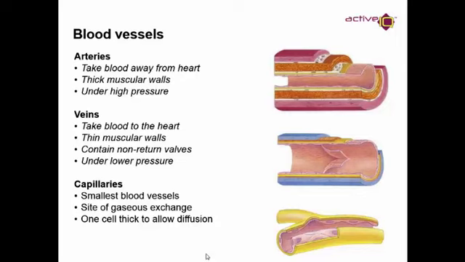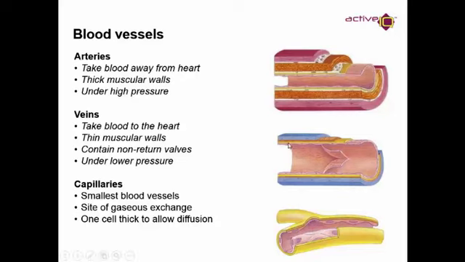We then have veins, and the job of the veins is they take the deoxygenated blood back to the heart so that we can then pump it around to the lungs and get rid of that carbon dioxide. And the veins aren't as thick as the arteries, they're not as muscular. What you'll be able to see, which we'll cover in a moment in a little bit more depth as well, is that the veins have something in them called valves.